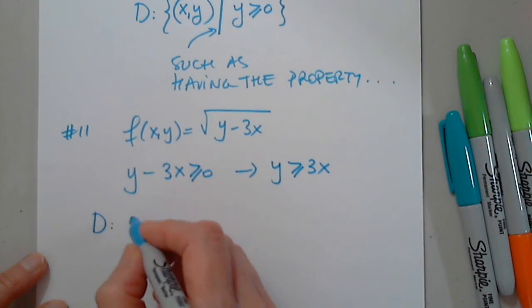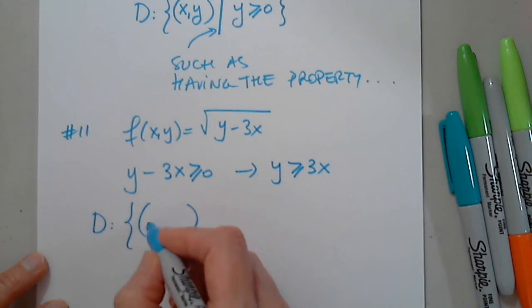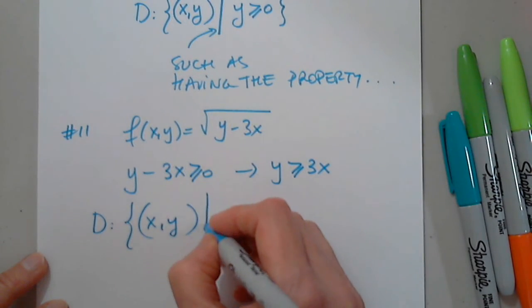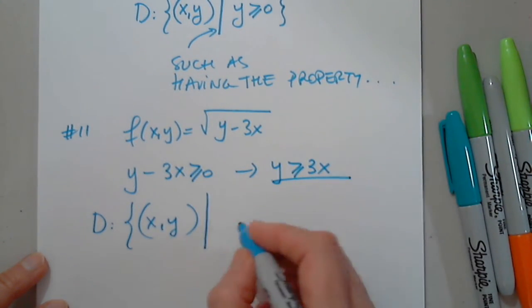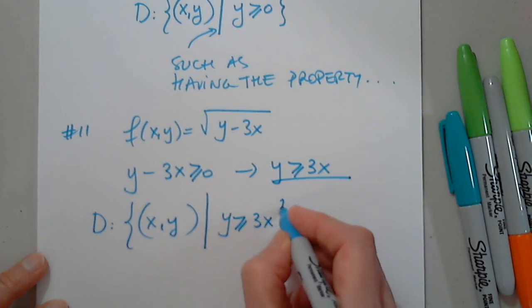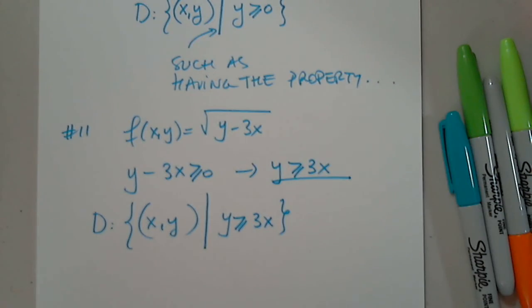So then the domain for this function will be any ordered pair, x comma y, having the property this. So I can only pick numbers in such a way that this value is at least 3 times this value.